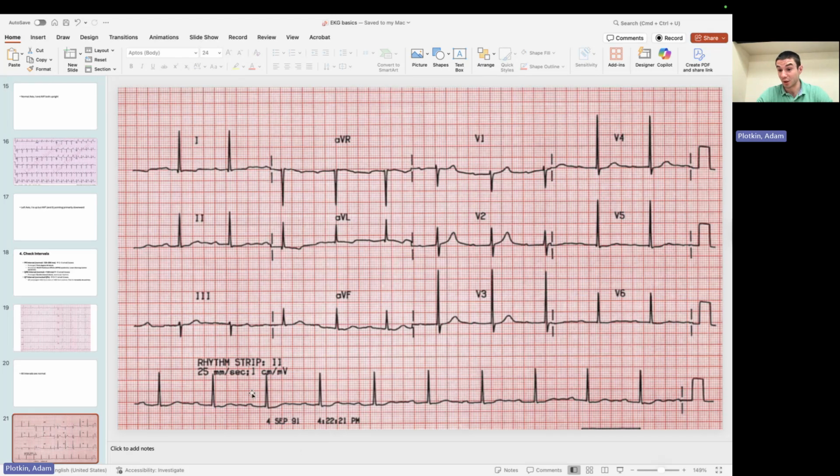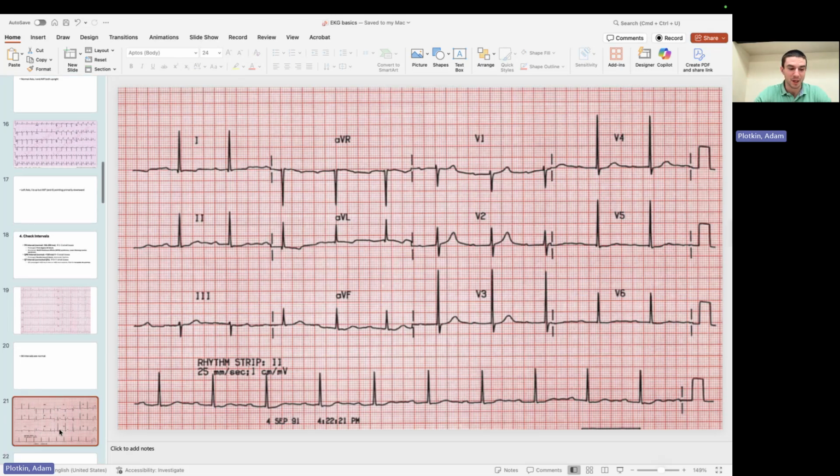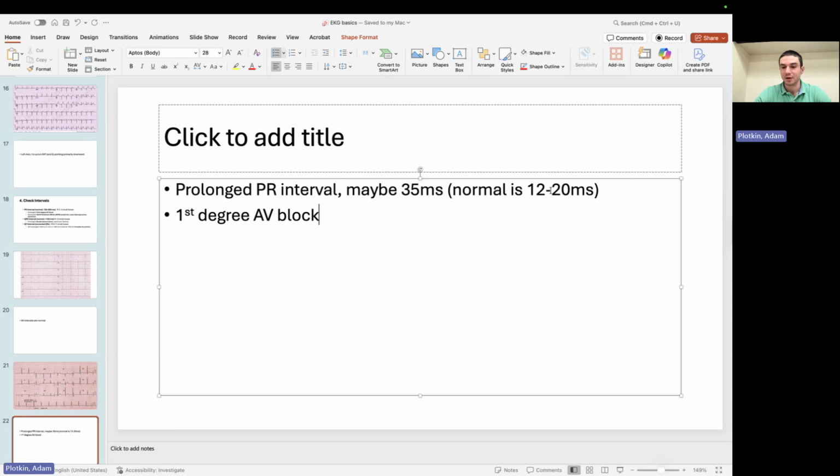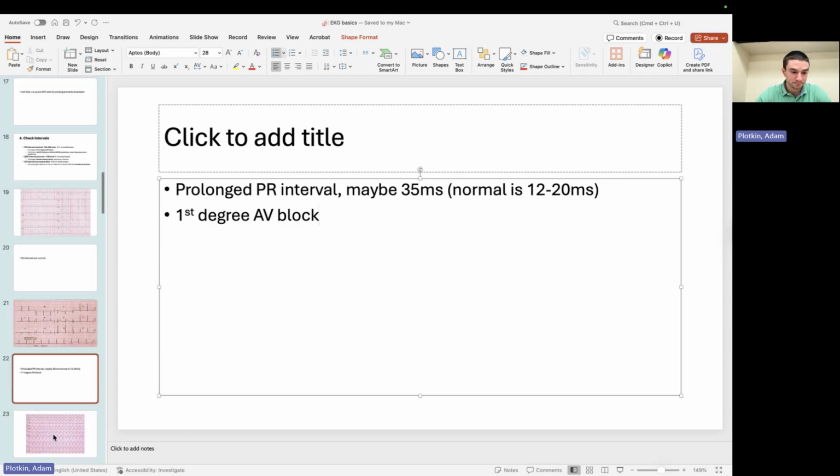The problem here is the long PR interval, right? And if I told you this patient was completely asymptomatic, you would diagnose first degree AV block, okay? So prolonged PR interval, maybe 35 milliseconds. The normal is 12 to 20 milliseconds, or 3 to 5 small little boxes. So this is first degree AV block. Not a problem. We just watch the patients, all right?